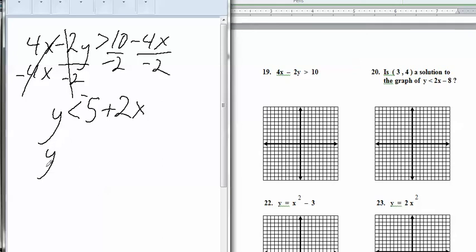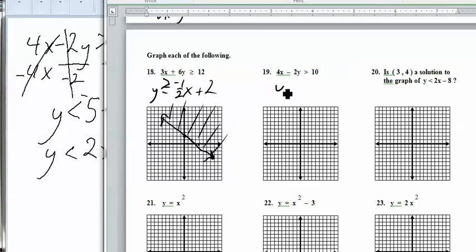We can change this around how we're used to it. So we have y is less than 2x minus 5. So we start at minus 5. 1, 2, 3, 4, 5.